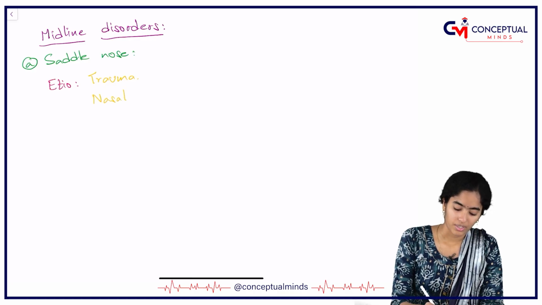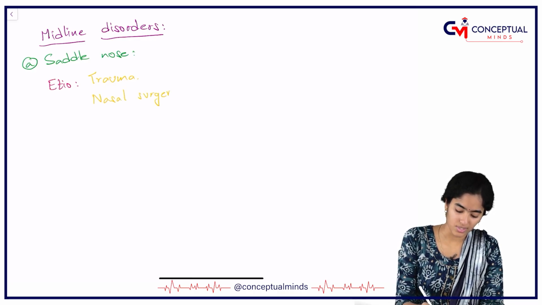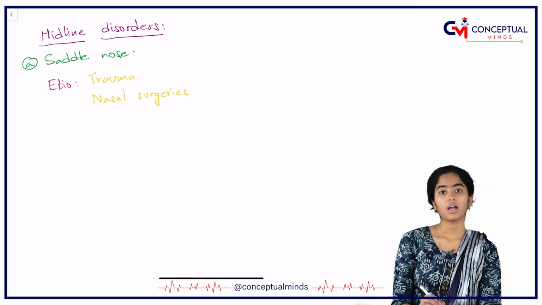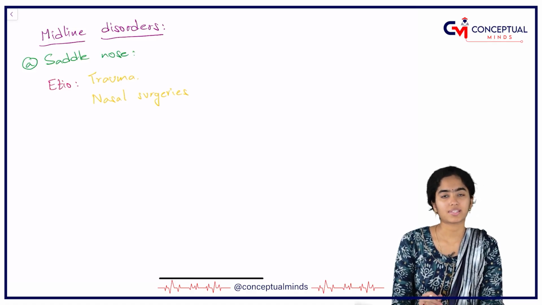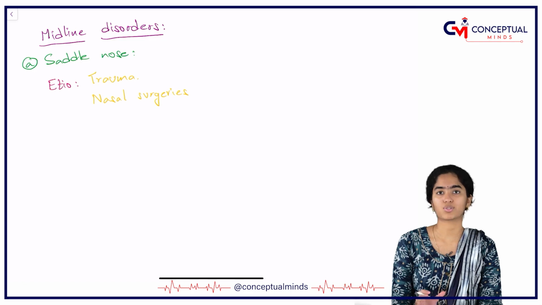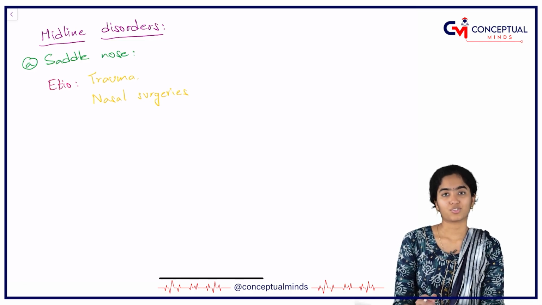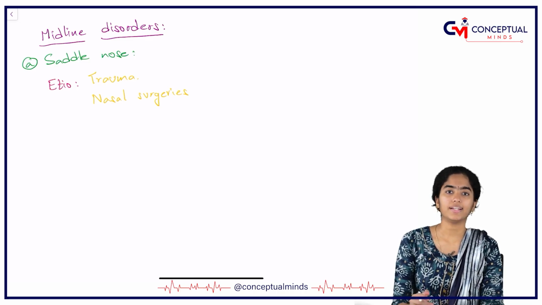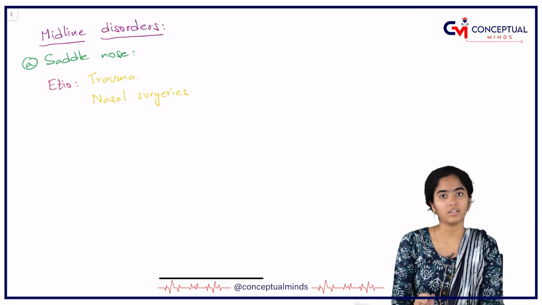Trauma, nasal surgeries, and some infections affecting the nose, granulomatous disorders especially, such as syphilis, leprosy, tuberculosis, they can cause invasion and erosion of the nasal septum and other surrounding structures, leading to a depression in the external nose.